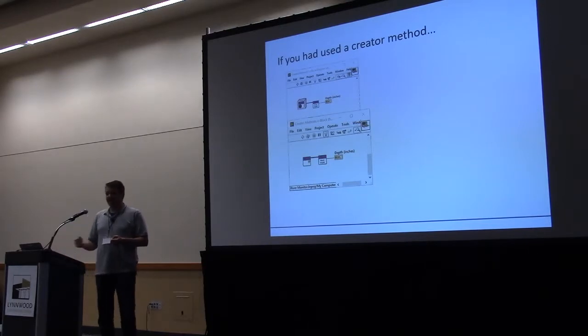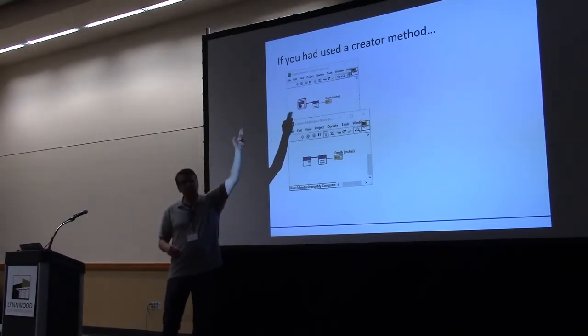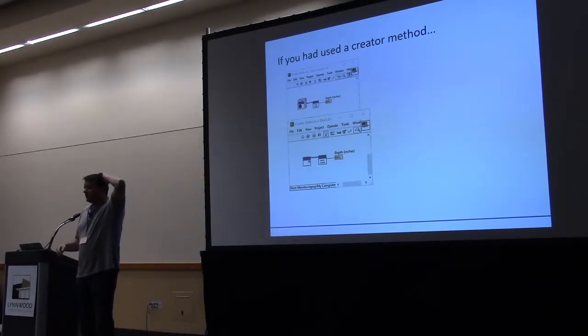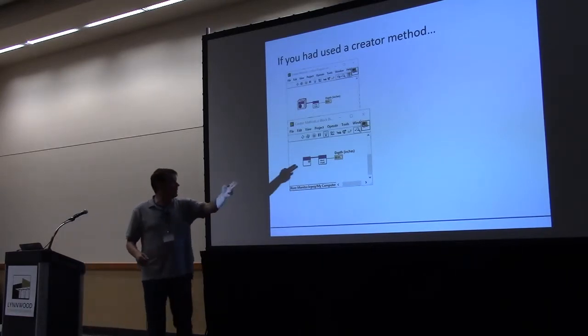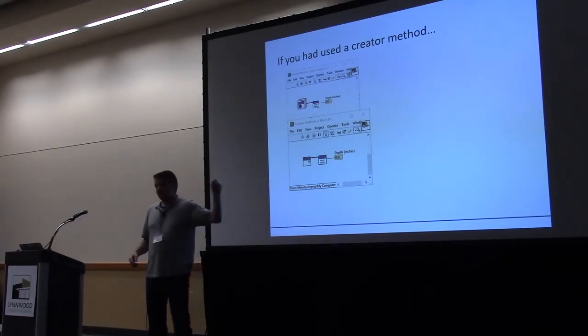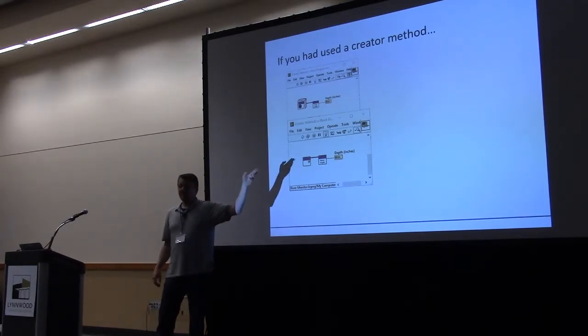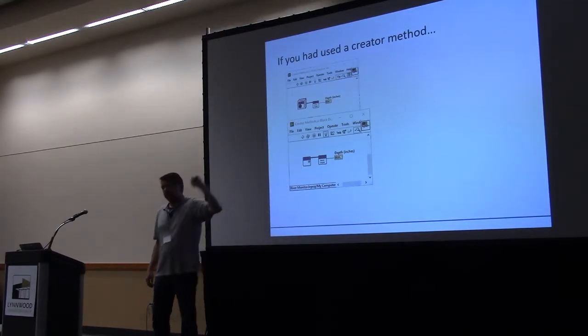The solution instead is to use a creator method. Instead of using object constants or class constants when you need to instantiate an object, I always create a VI, and in this case I would call it Create Depth Gauge. And anytime I want to instantiate an object, I drop this instead of this.